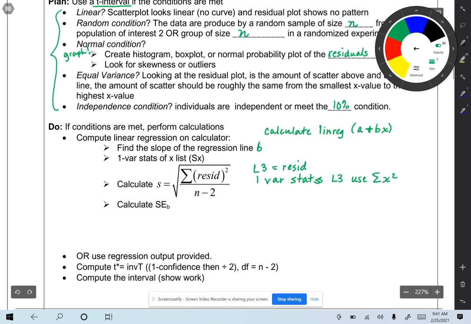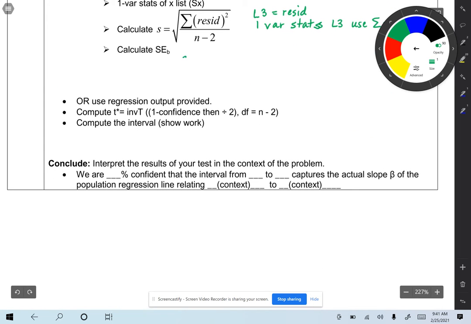And then you're going to calculate your standard error. So you always want to pray that you don't have to do all this, because you want the computer printout, because it gives you everything you need and it's a lot faster. So the regression output is better, and that's probably what you would get. And then once you do all that, you get your information, you're going to compute your T star.